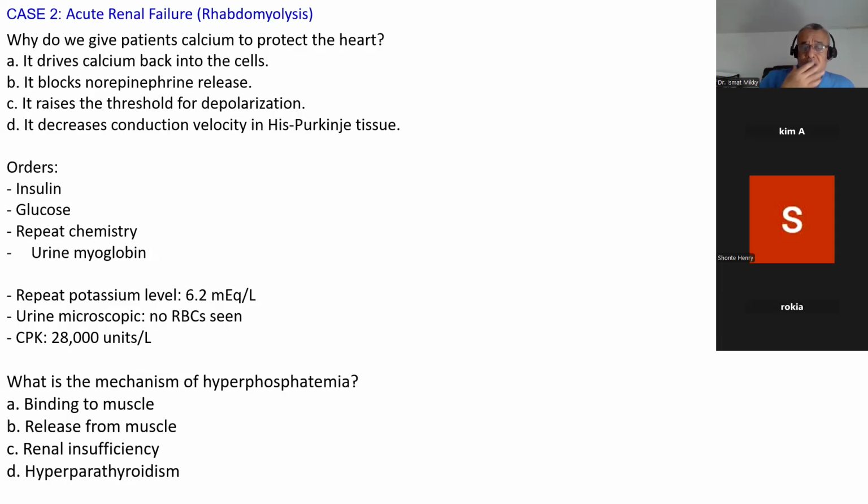So why do we give patients calcium to protect the heart? If you look at the answer here, which is kind of like a pathophysiology question, it will raise the threshold for depolarization. The calcium, which is C, makes it hard for the neural tissue to depolarize.